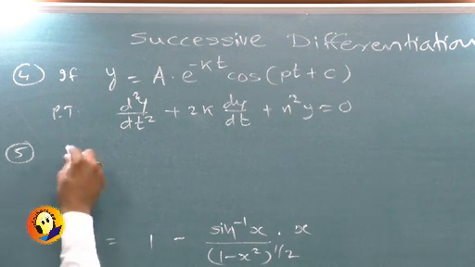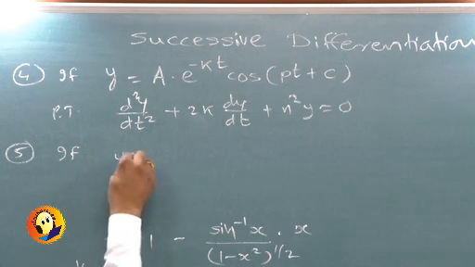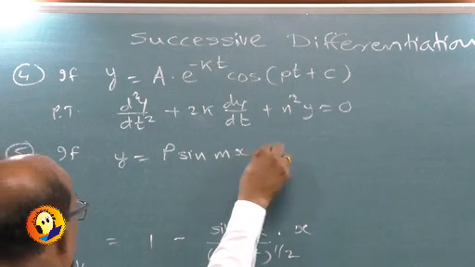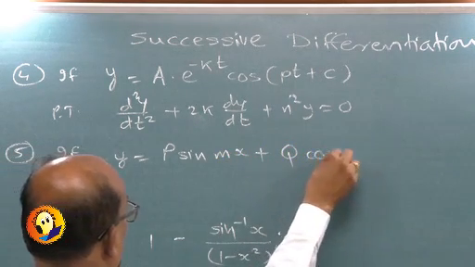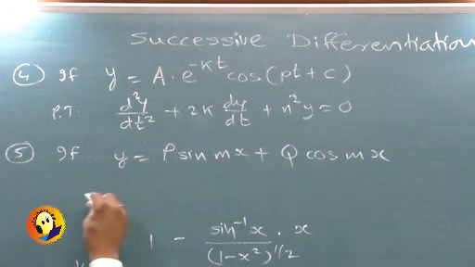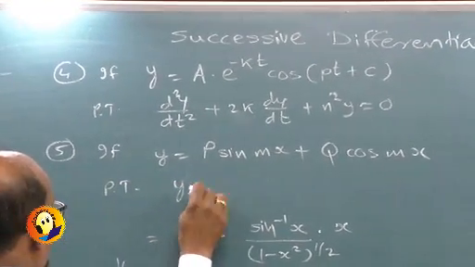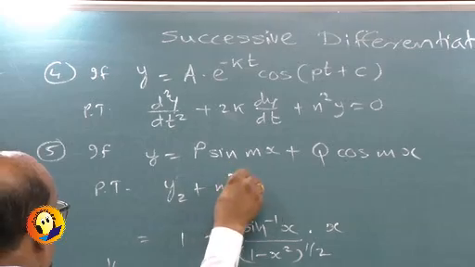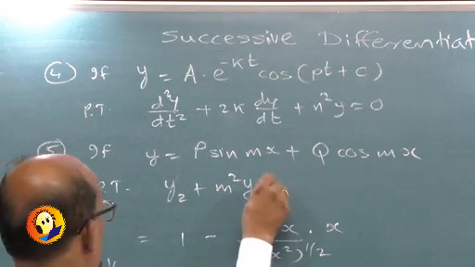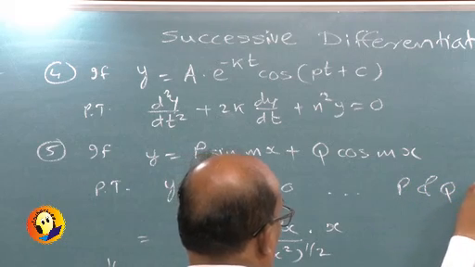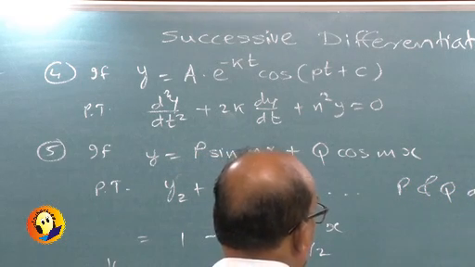If y equal to P sin mx plus q cos mx, prove that y2 plus m square y equal to 0, where P and q are constants.